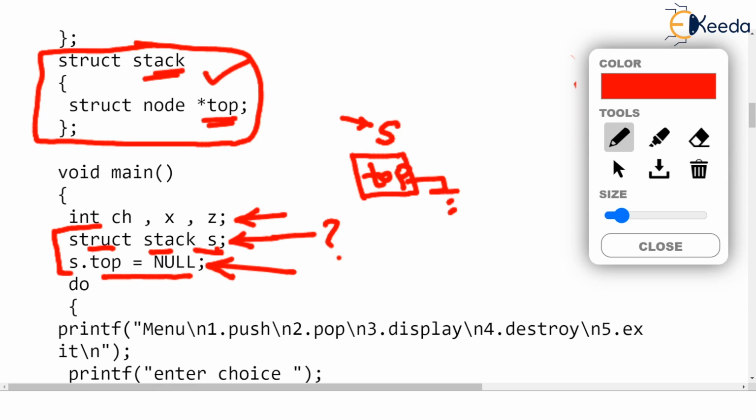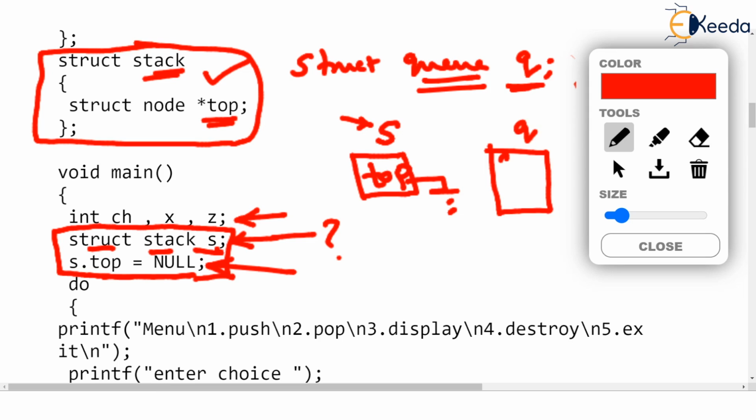Isn't it so? Like in the future videos, we will be learning about queues. So we will have a line in the main called struct queue, something like this. And then this queue will be a variable of type queue. Then this queue will have two pointers, front and rear. And then we want to tell that this queue is empty.